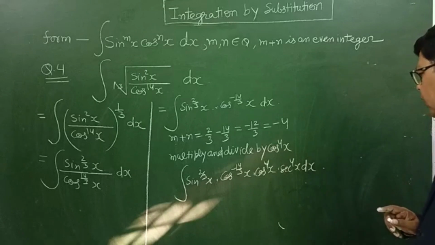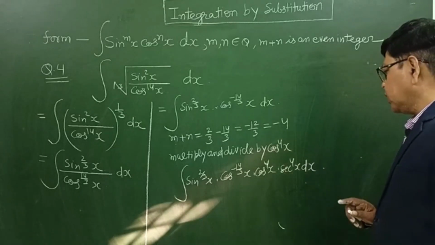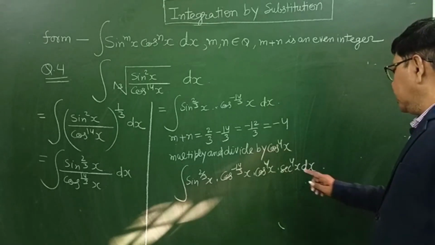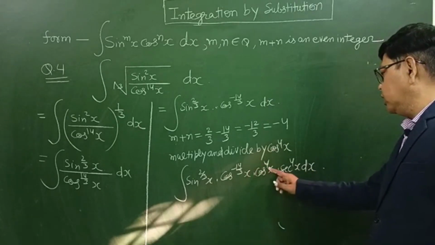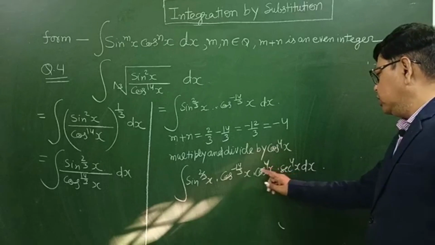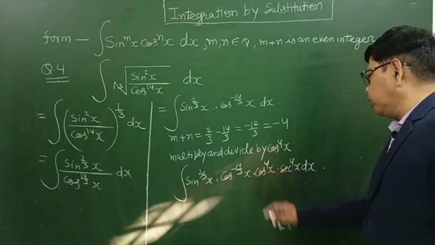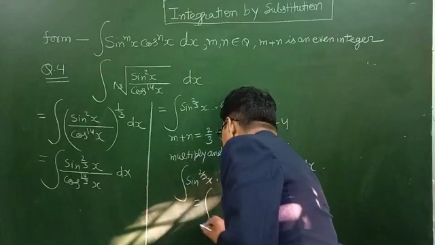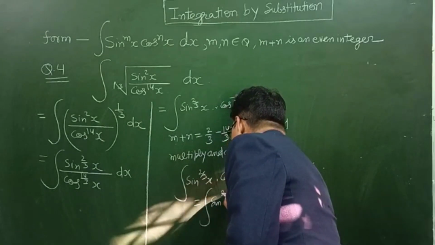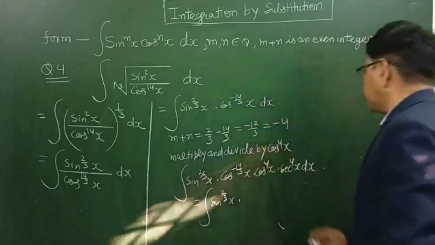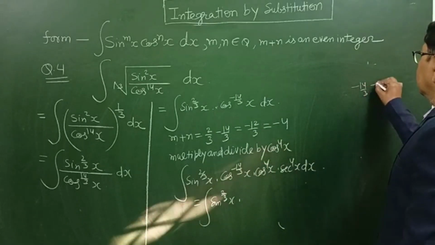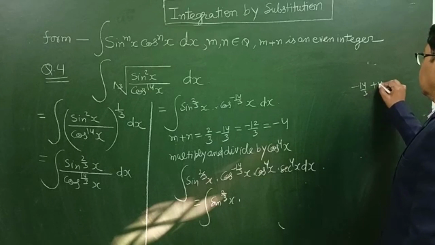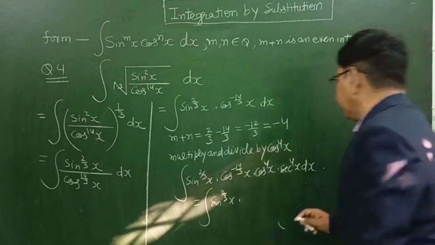Now sin^(2/3) x and cos^(-14/3) x plus 4. Minus 14 upon 3 plus 4 will give you minus 2 upon 3.